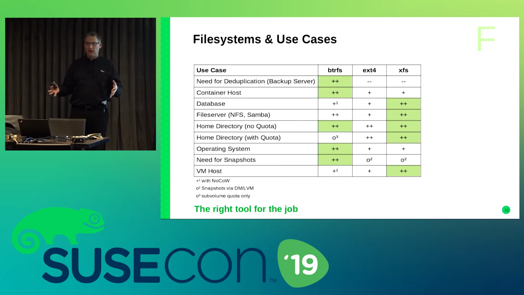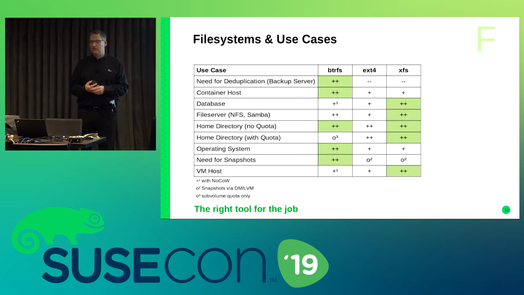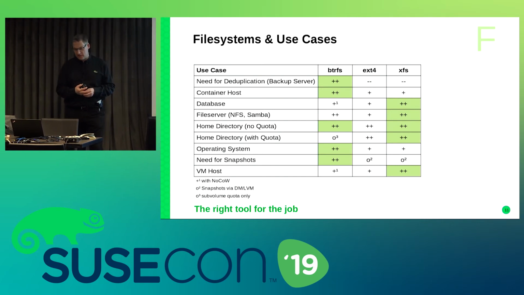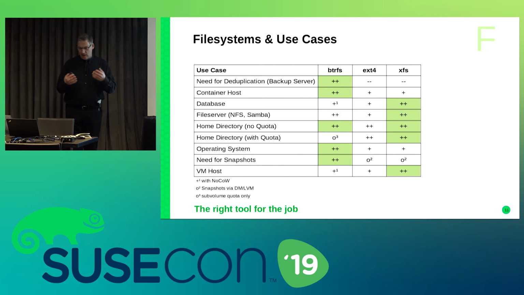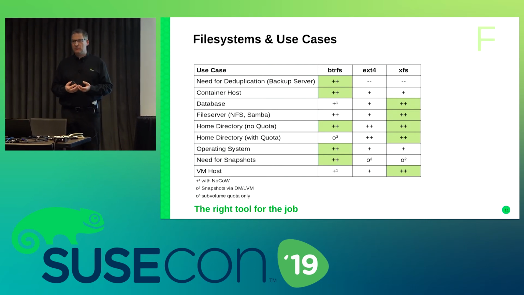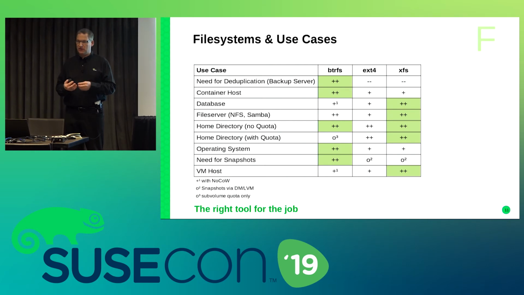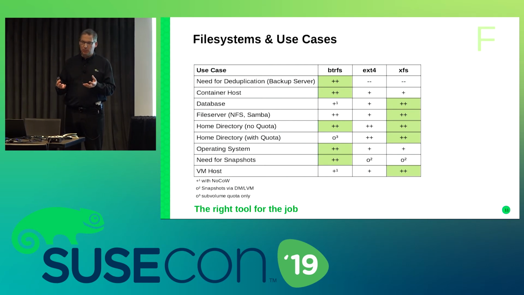This is where you really get the stability and the investment. And we are investing in other areas of Btrfs as well, like enhancing the compression or the RAID levels that Btrfs has, so that you can have easier deployments with even higher reliability.